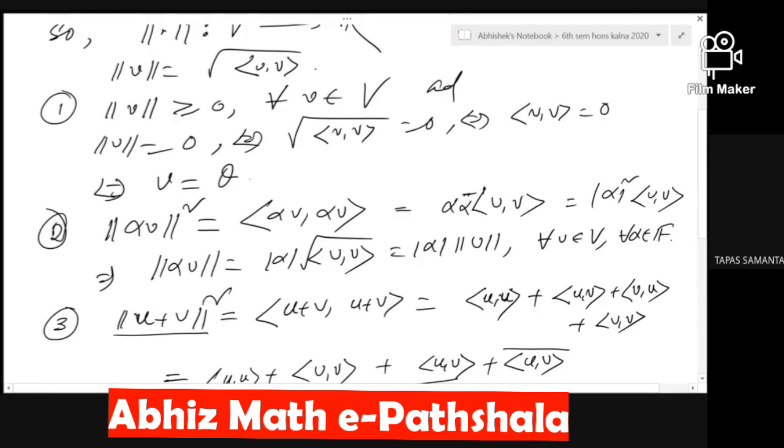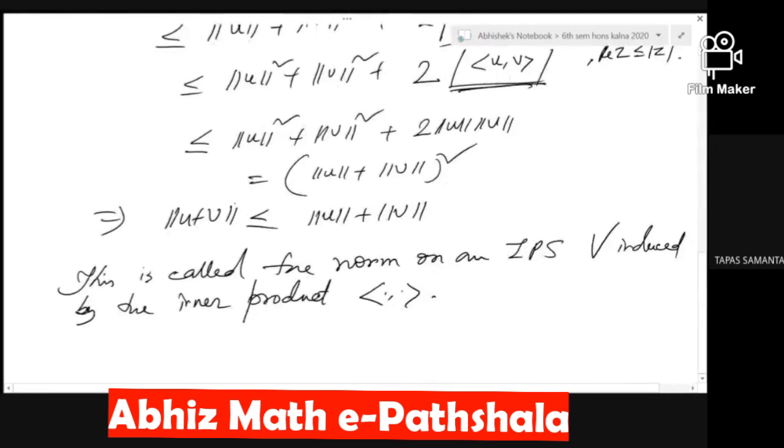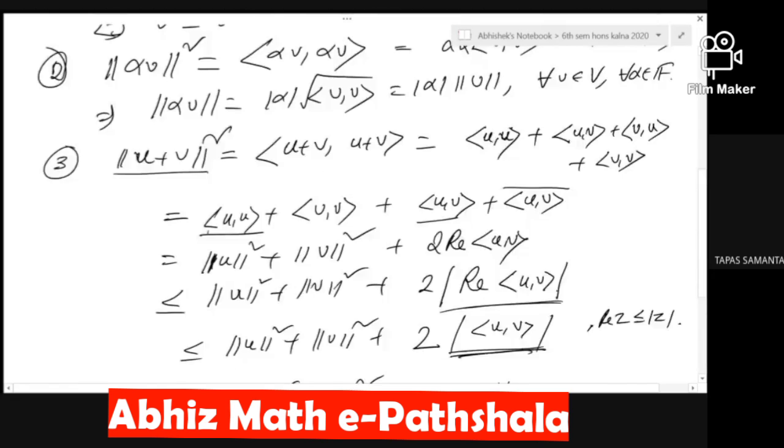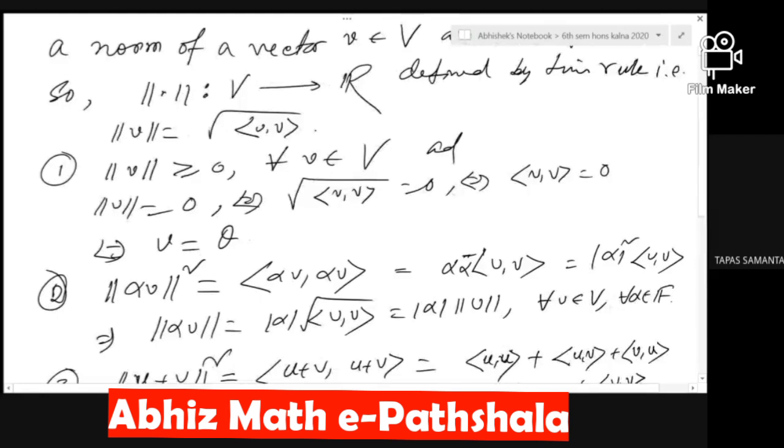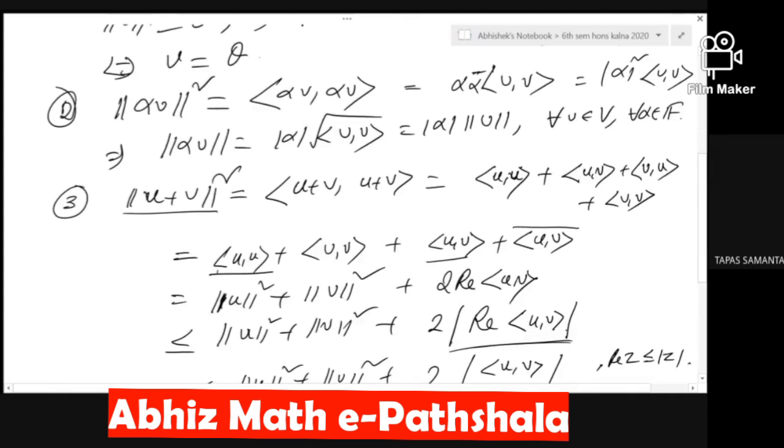So we are looking for a function which will have these three properties defined on a non-empty set X. Then this function will be defined to be a norm function, and for each vector v, norm v will be called the length of v or norm of the vector v.